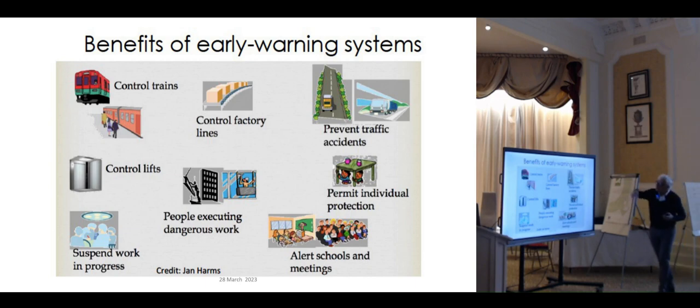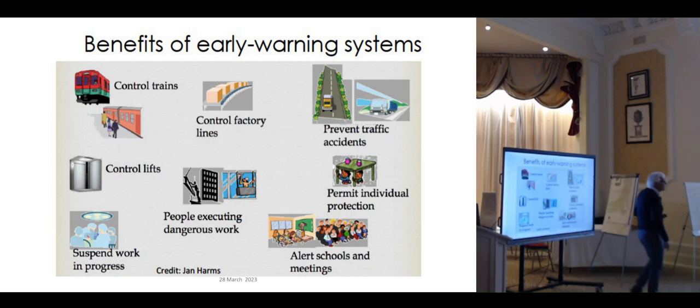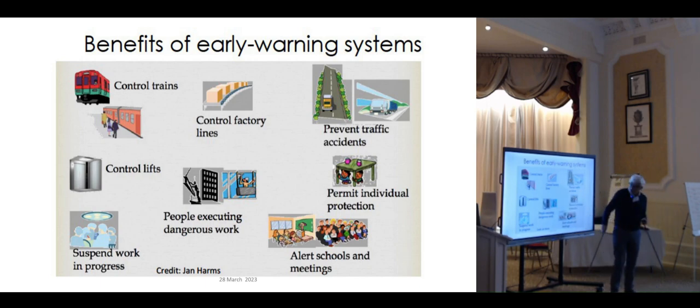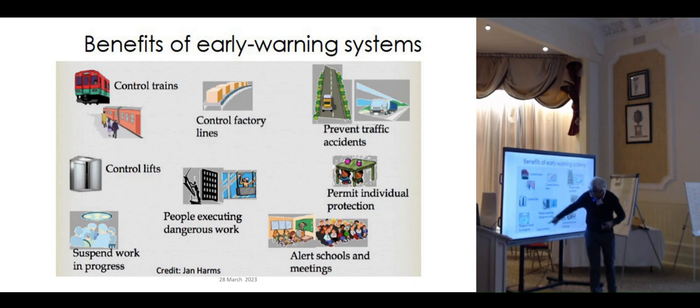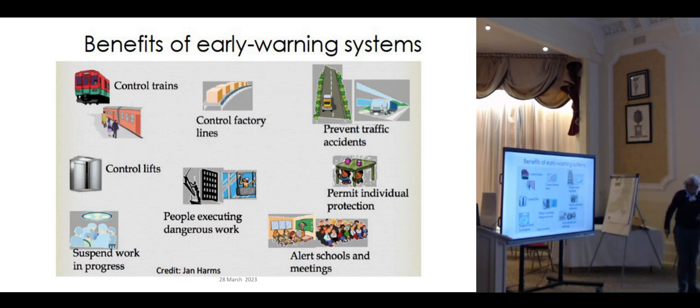I give this example that when you have an early warning system, you can control trains, you can stop cars, you can prevent traffic accidents, you can stop nuclear plants faster, you can stop plants in general, you can stop many things, and you can inform the population that big waves will arrive and might be destructive.